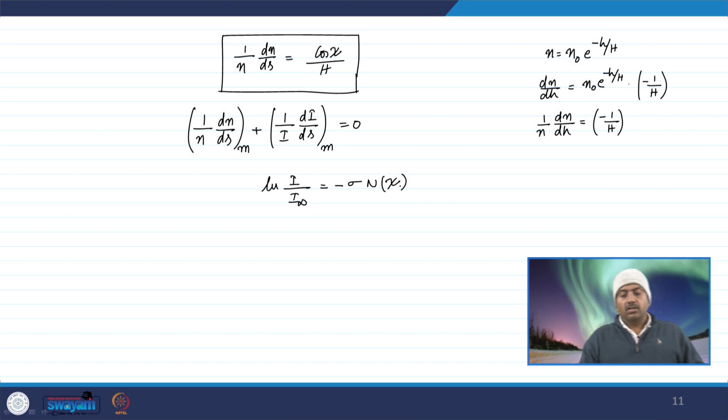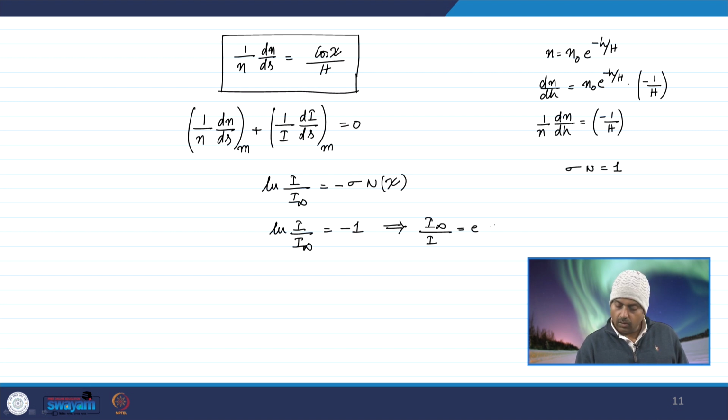Now, if you remember that condition, to what distance will the radiation penetrate? The radiation will penetrate to a distance where sigma n is simply equal to 1. So, you use this and assume that intensity has been absorbed completely. So, we can write ln I by I infinity is equal to minus 1, or I infinity by I is equal to e, or I is equal to I infinity by e.